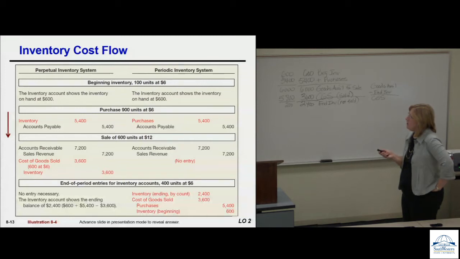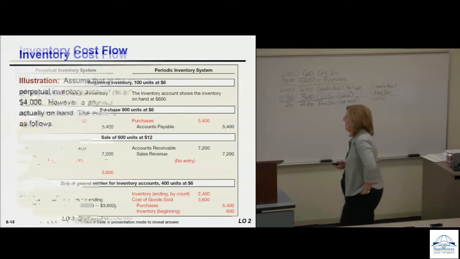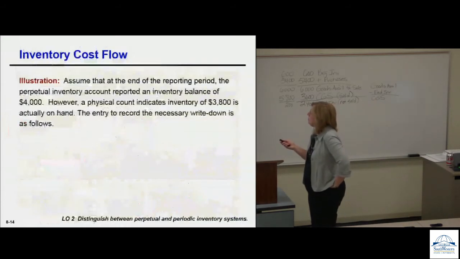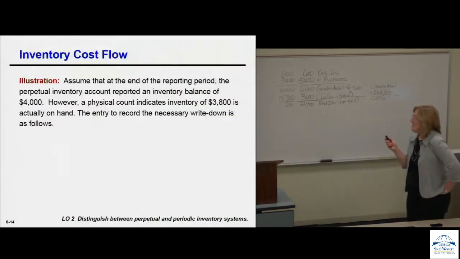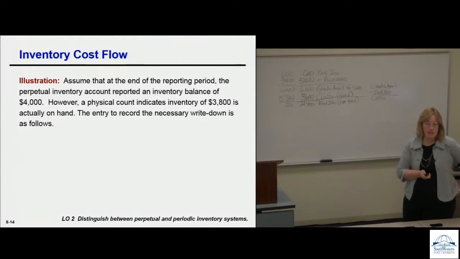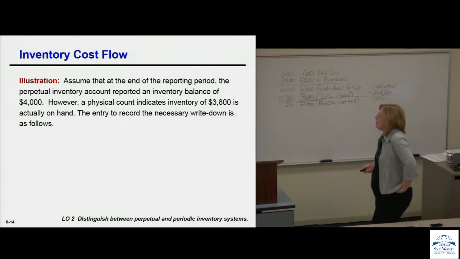How would you adjust to that? Yeah, how would you adjust to that? I'm thinking they might show us. Yes, that's a good question, actually. So assuming that we thought we had $4,000 in inventory, but instead our physical count is $3,800.